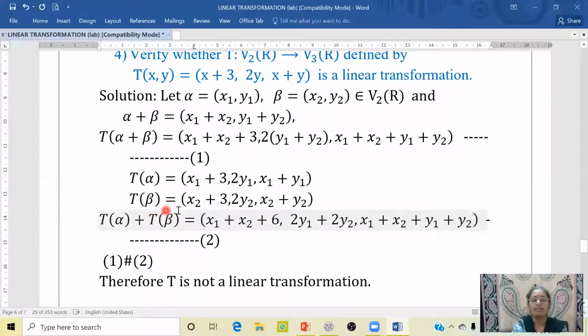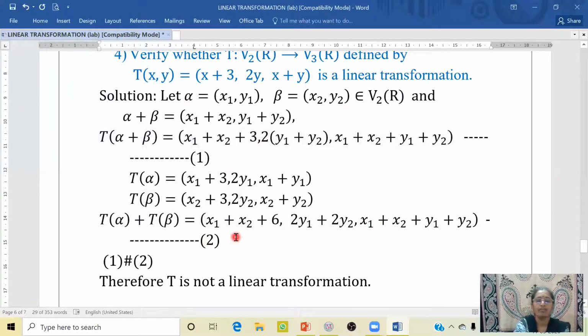T of beta is given by x2 plus 3, comma 2 y2, comma x2 plus y2. Add these two to get T of alpha plus T of beta. So we get x1 plus x2 plus 6, comma 2 times y1 plus 2 times y2, comma x1 plus x2 plus y1 plus y2. Mark this as expression 2.